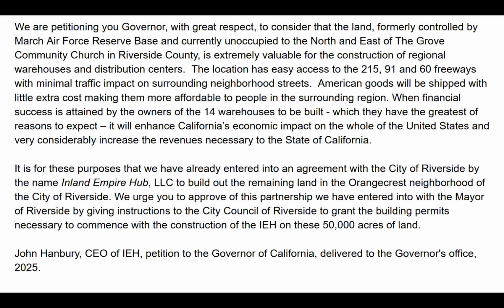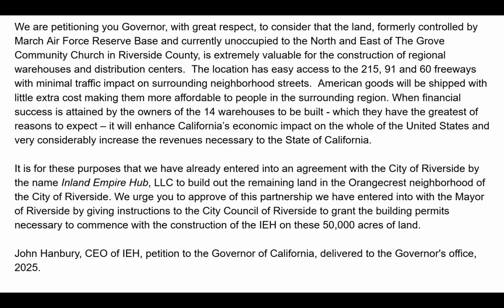We are petitioning you, Governor, with great respect to consider that the land formerly controlled by the March Air Force Reserve Base and currently unoccupied to the north and east of the Grove Community Church in Riverside County is extremely valuable for the construction of regional warehouses and distribution centers. The location has easy access to the 215, 91, and 60 freeways with minimal traffic impact on surrounding neighborhood streets.